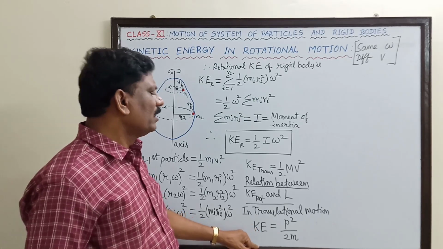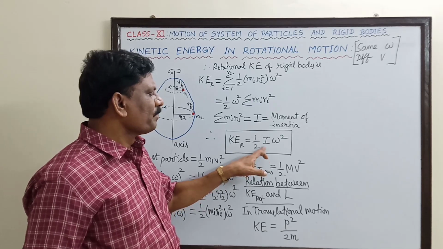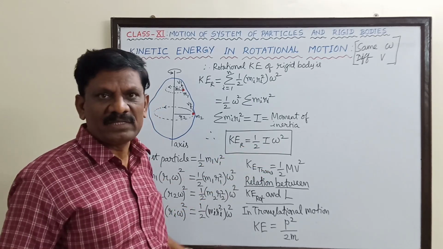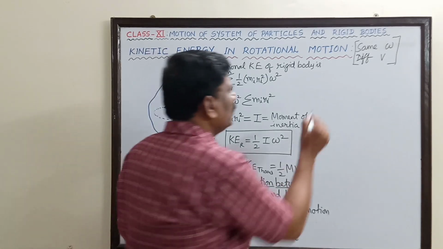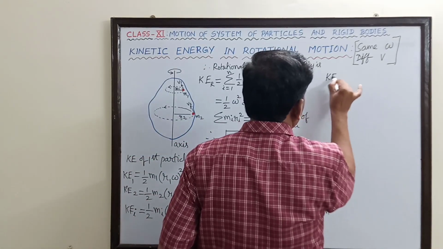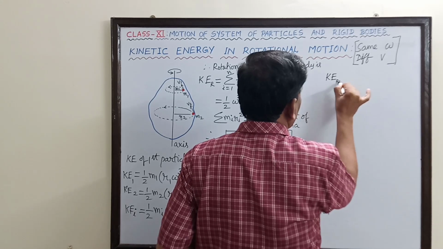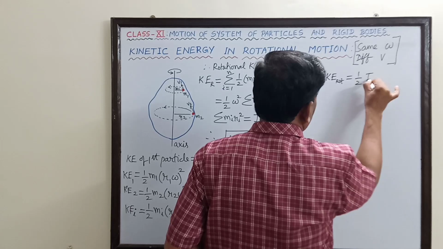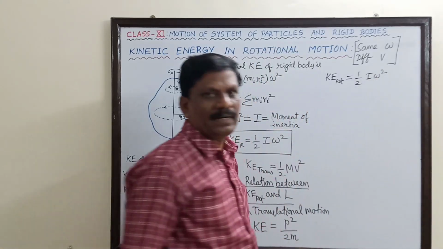Understand? So now you can see here this term, kinetic energy of rotation is equal to half into I omega square. I will start with that. So kinetic energy in rotational motion is equal to half into I omega square.